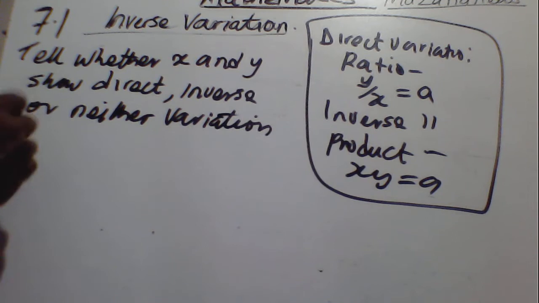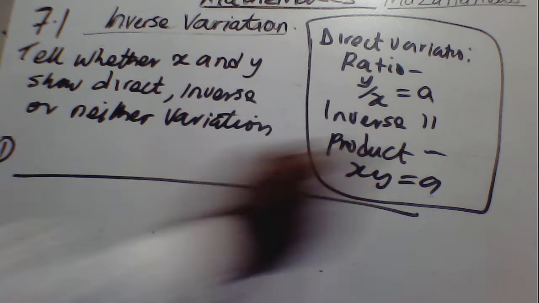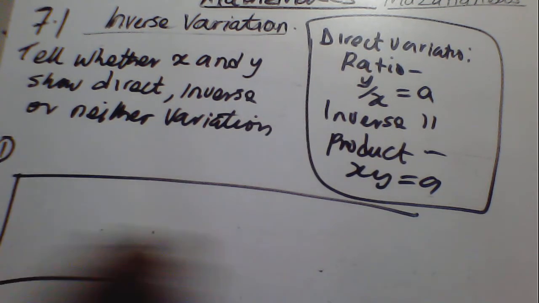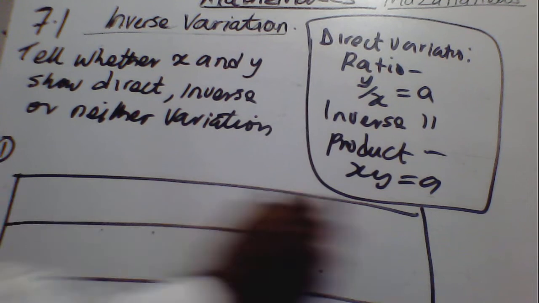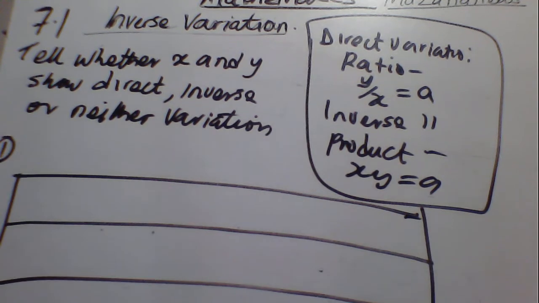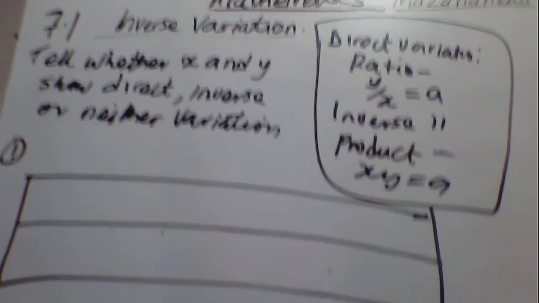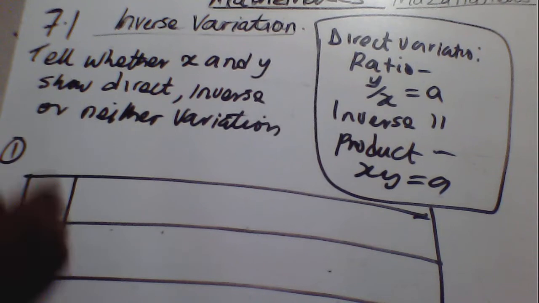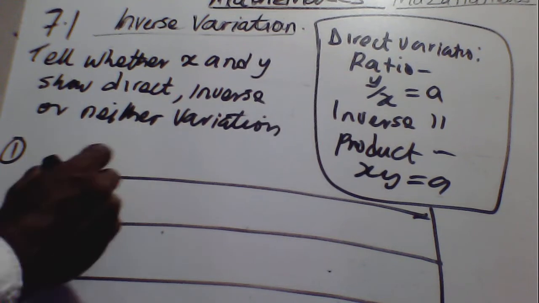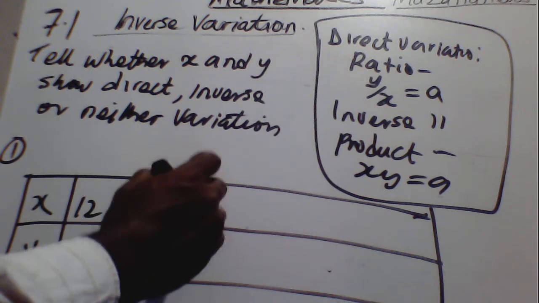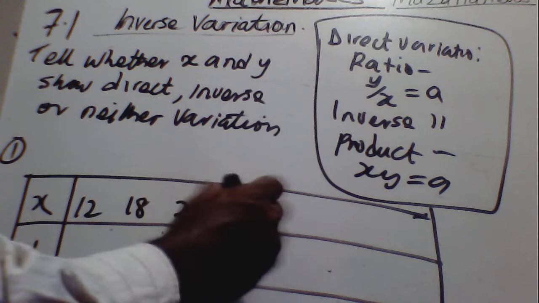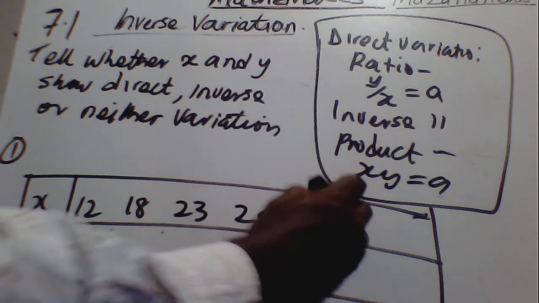So you see it. From here you have x and y: 12, 18, 23, 29, 34.